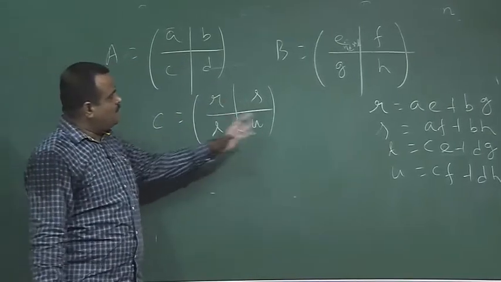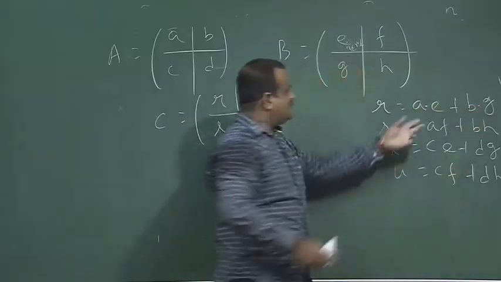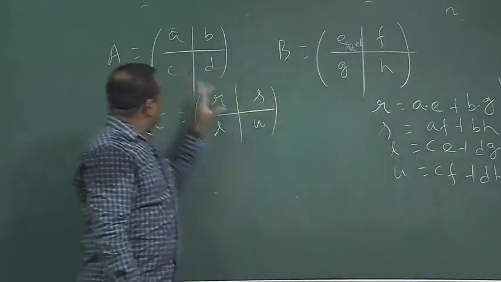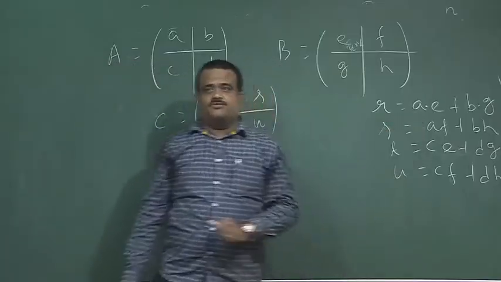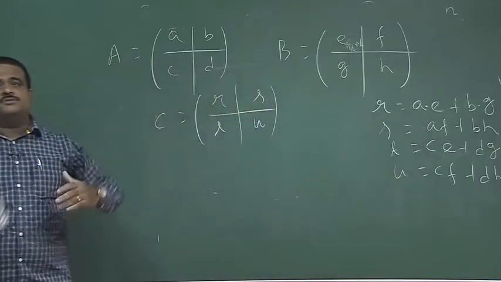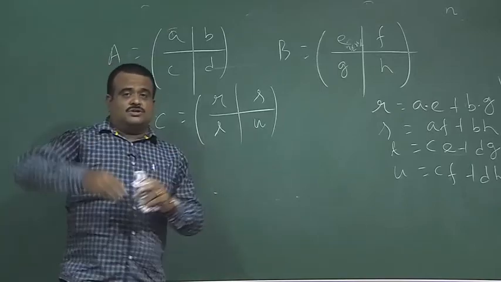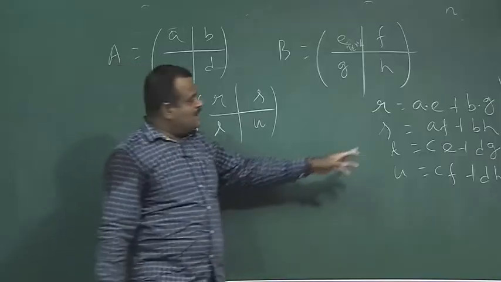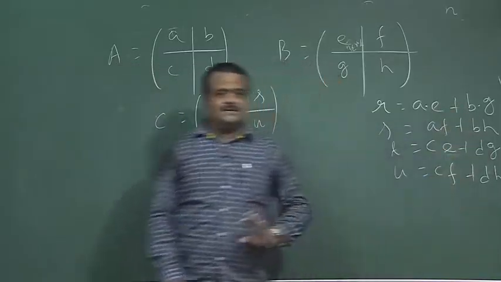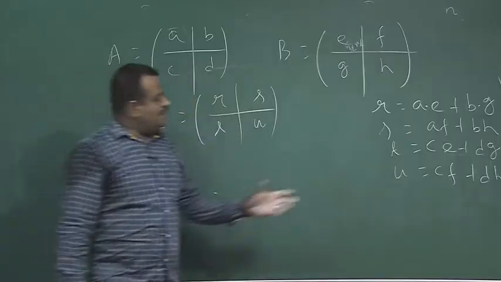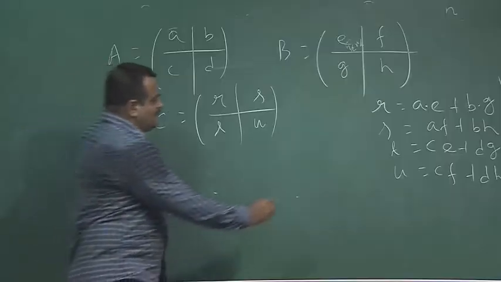We divide the problem into sub problems, because this is matrix multiplication of smaller size. Earlier it was an n cross n matrix, now this is an n by 2 cross n by 2 matrix. So we reduce the problem into sub problems. Now, how many matrix multiplications are there? There are 1, 2, 3, 4, 5, 6, 7, 8 matrix multiplications, and how many additions are there? 4 additions. So what is the time complexity?